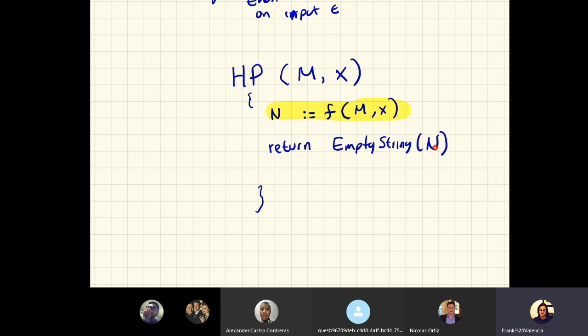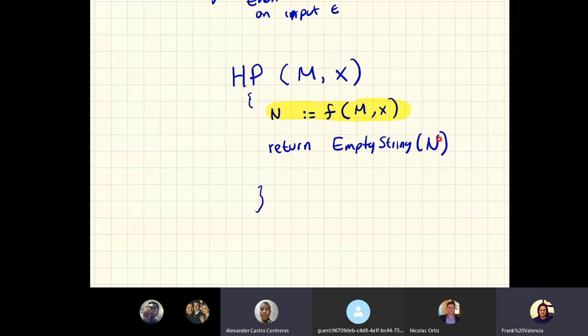If the language of the machine is the empty set, does it accept the empty string? Yes or no? Listen to the question again.